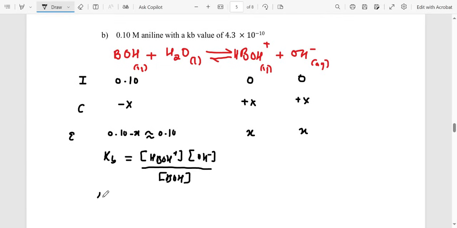So the Kb is 4.3 times 10 to the power negative 10. That is equal to the concentration of these two products, which is x and x. The reactant is 0.1.